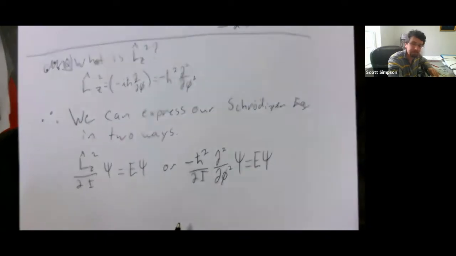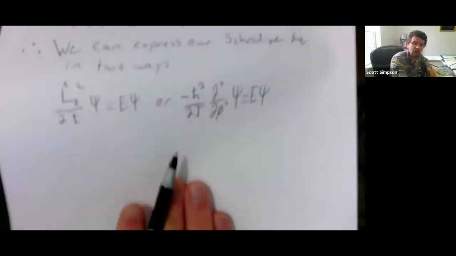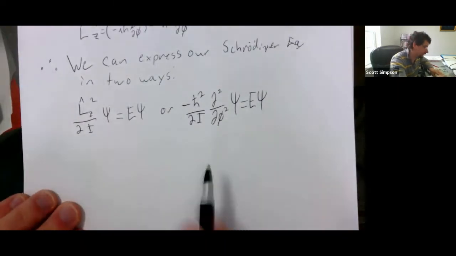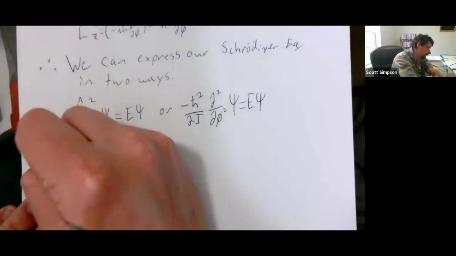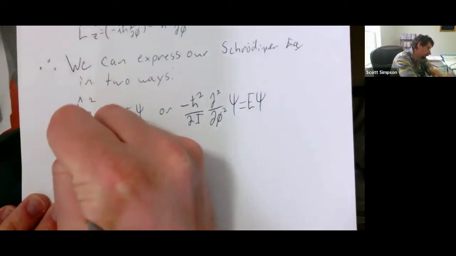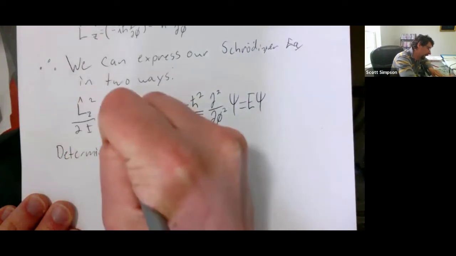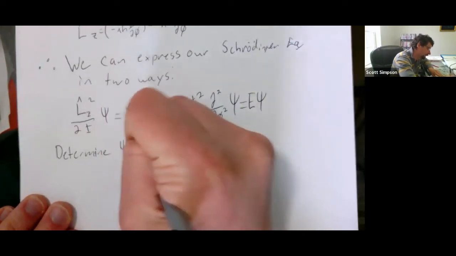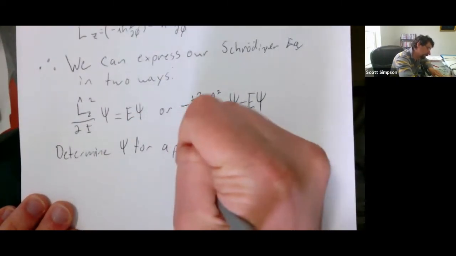All right. So awesome. We have a Schrodinger equation, but we've got to try and solve this thing. We want to determine what psi is for a particle on a ring.